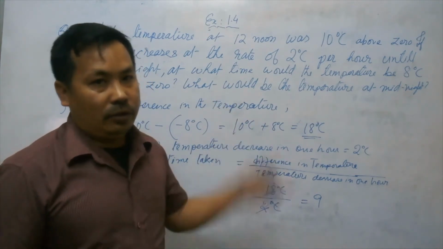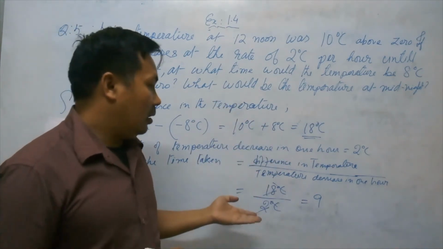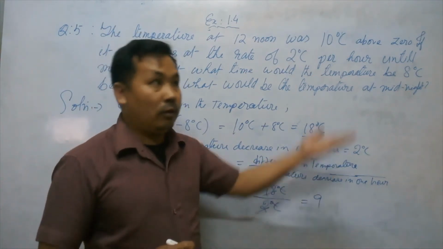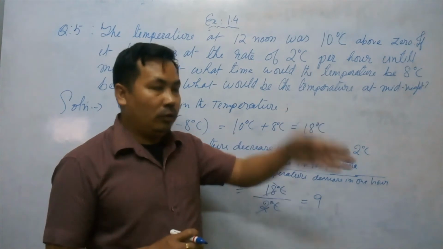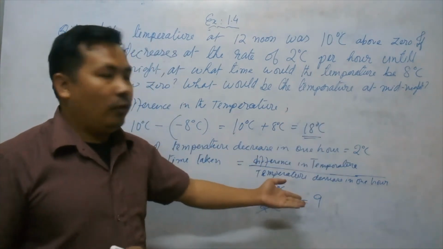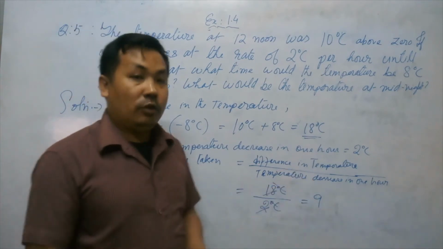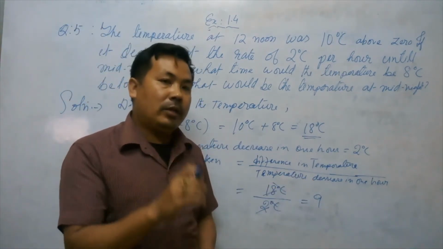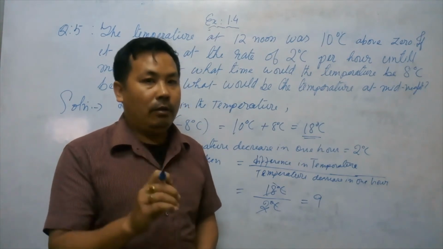Or we can say that it is 9 p.m., 9 o'clock in the evening, because after noon it is evening and then it becomes night, so we take p.m. So 9 p.m. is the time when we will get the temperature 8 degrees Celsius below 0.